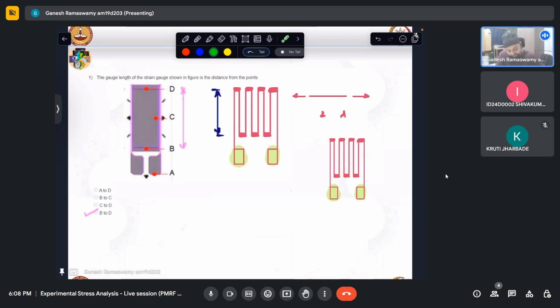But essentially, what we are trying to measure is this conductor whose length is changing, and the change in that length over its length is what we measure as strain, which is why the distance between the end of the soldering tab and the other end of the strain gauge represents the gauge length of the strain gauge.